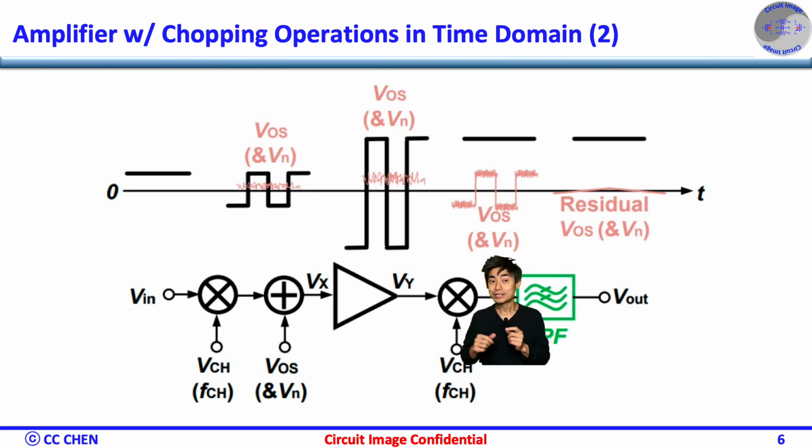Ideally, you should see only the signal at the filter's output, and the filter totally removes the offset. But in a real design, you must still see a residual offset. We can discuss the design inside later if everyone is interested.